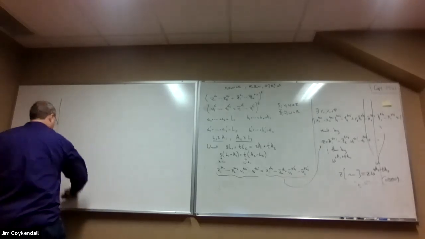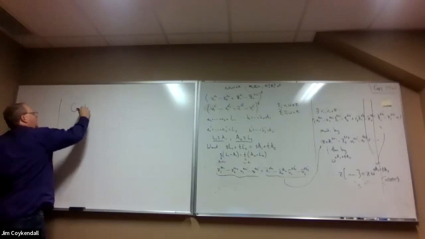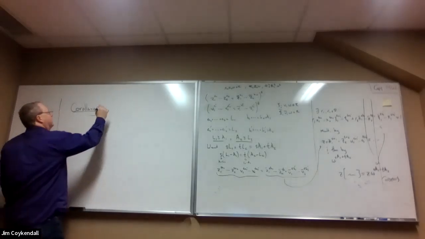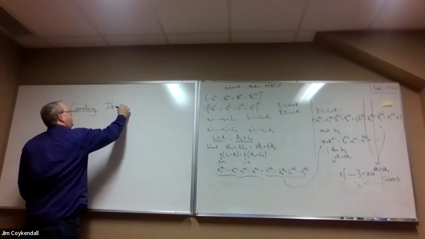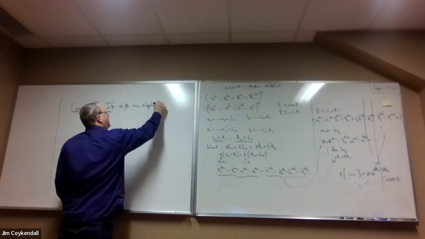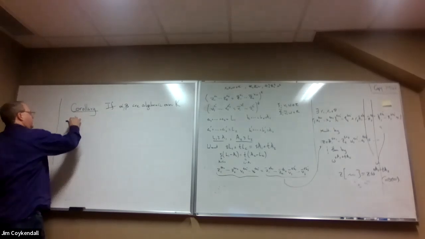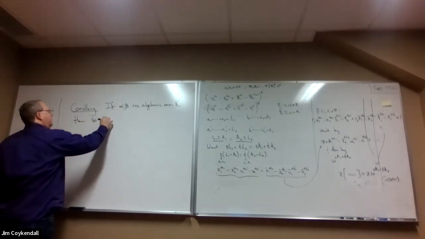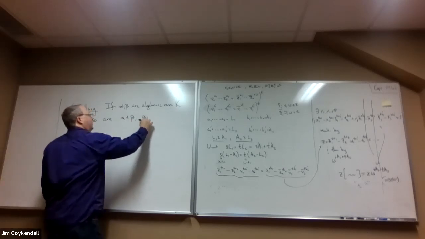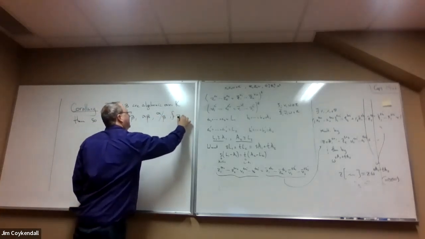Basically, the last thing we did the last time, the corollary is: if alpha and beta are algebraic over a field K, then so are alpha plus or minus beta, alpha beta, and alpha over beta, if beta is not zero.